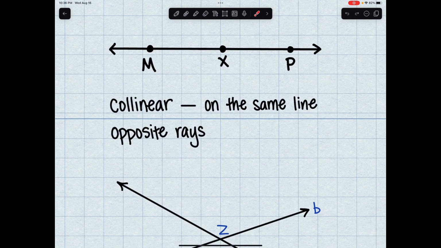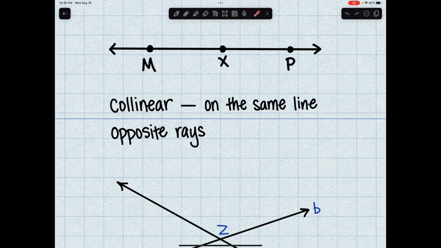Let's move on to collinear. Collinear means two rays of opposite directions that lie on the same line. Co means the same, like a co-pilot. You're still a pilot, so you're the same. Collinear means you're on the same line.